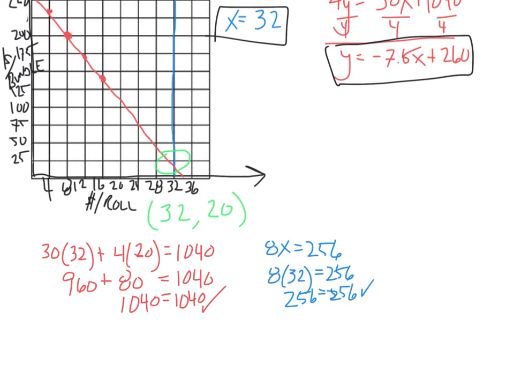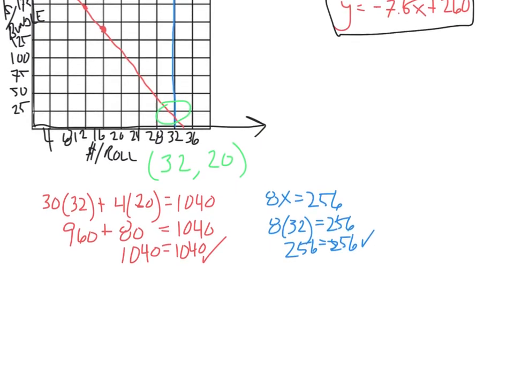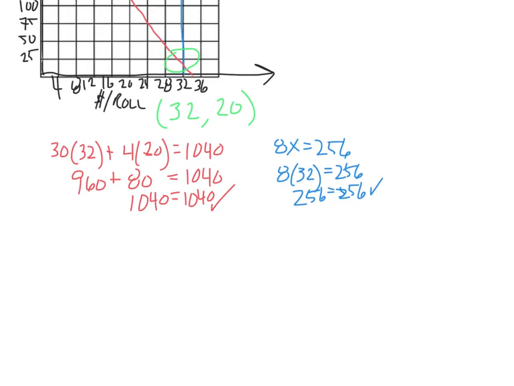And that would tell me that my answer was 32, 20. Now, 32, 20, what is that? What is that for an answer? Because that's not really telling me anything. So the question was, what is the price per roll of shingles? So to carry this forward for my final answer, it is $32 per bundle of shingles.